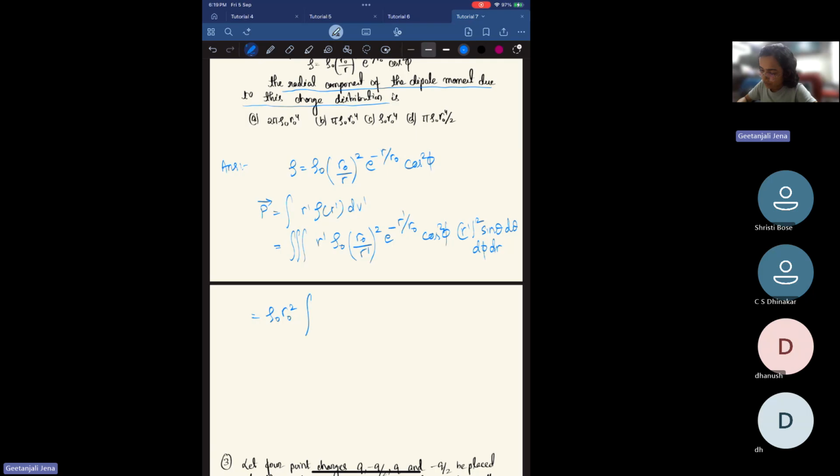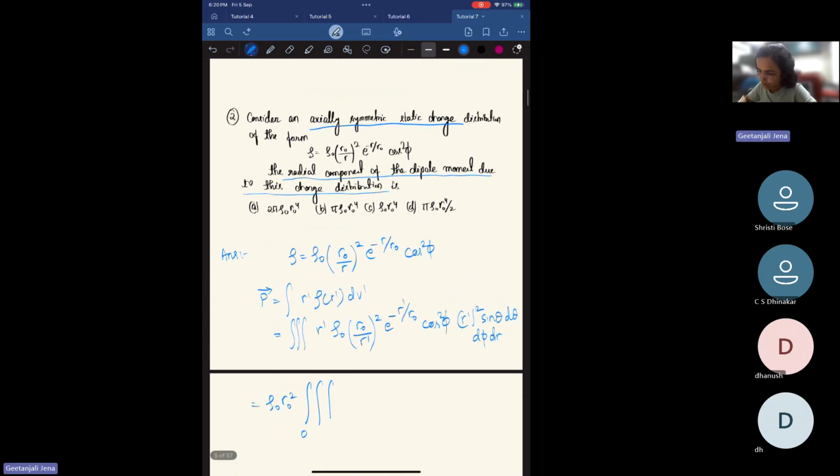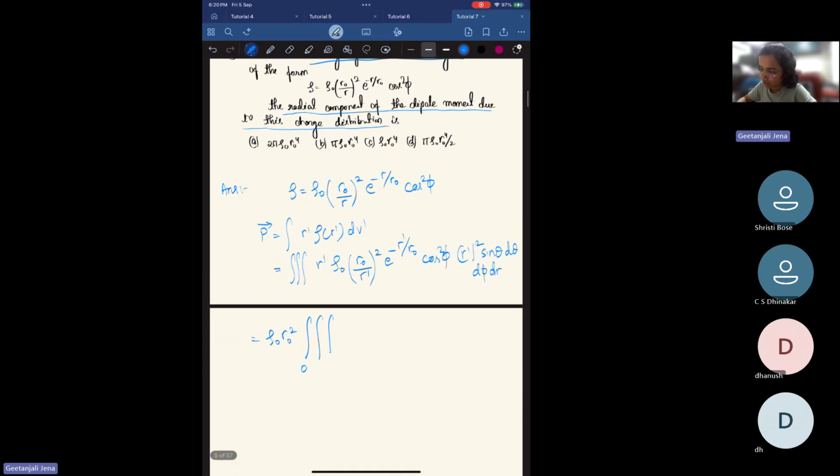So r prime will be from 0 to infinity, right? Not given whether it is bounded or not, so let us say infinity. And theta limit is from 0 to pi as usual, and phi is 0 to 2 pi.